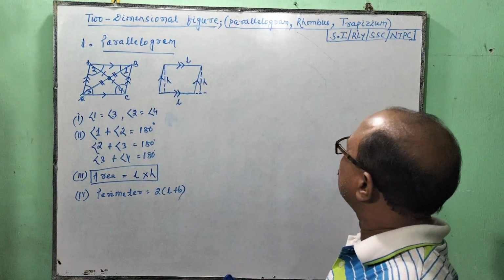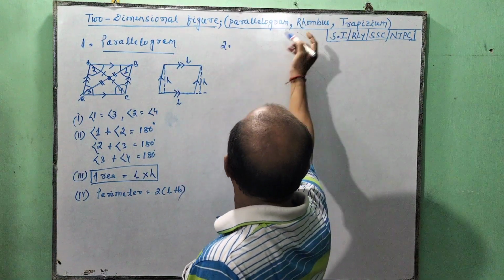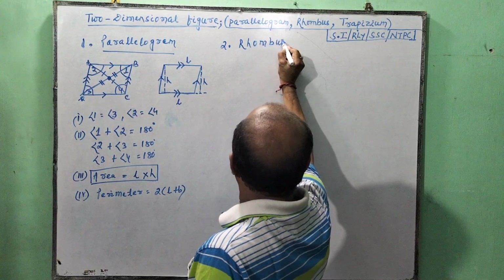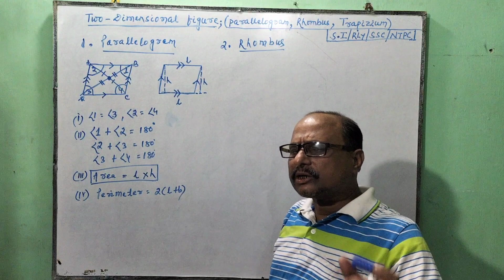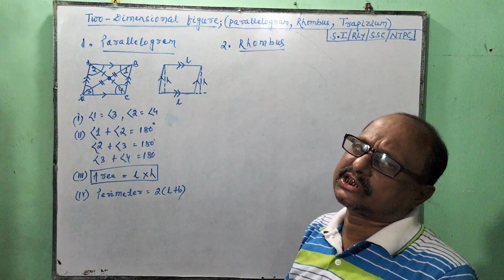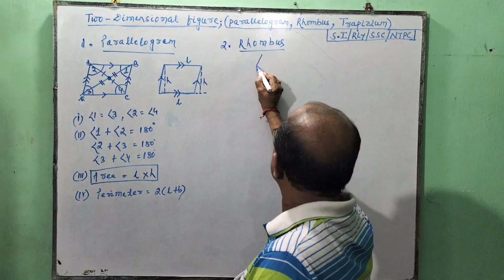Let's come to number 2, rhombus. Remember, rhombus is a quadrilateral whose all the sides are equal. So here is a rhombus.